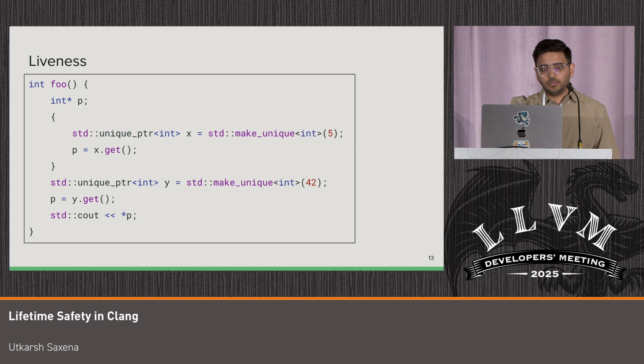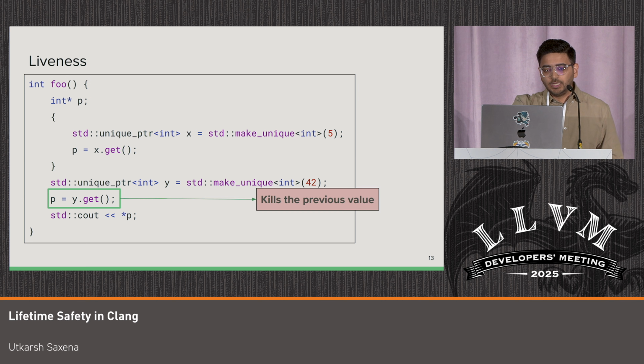So for example, if you have two assignments or two aliases being created, the second alias, p equals y.get, actually overrides the previous value of that alias, where p was referencing x, and in the second one p references y. This, we call it that it kills the previous value. And the previous value that was held is not alive anymore.